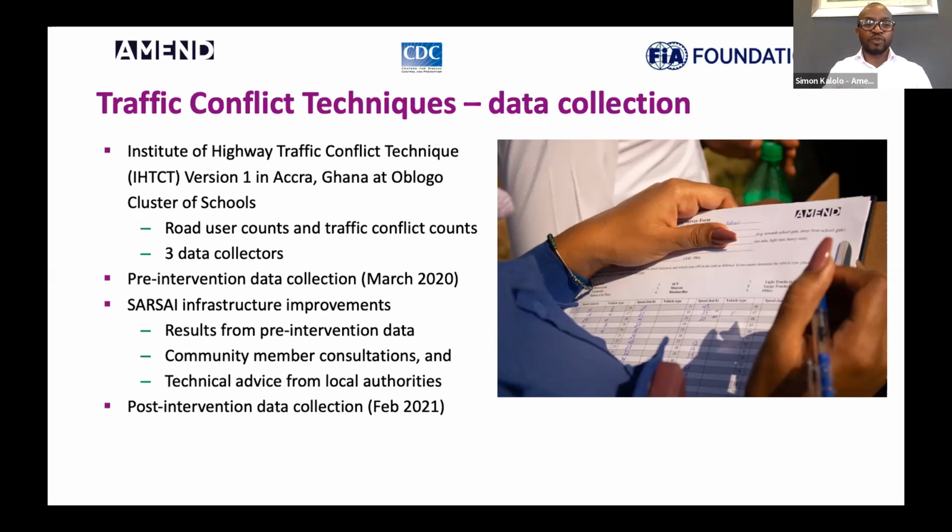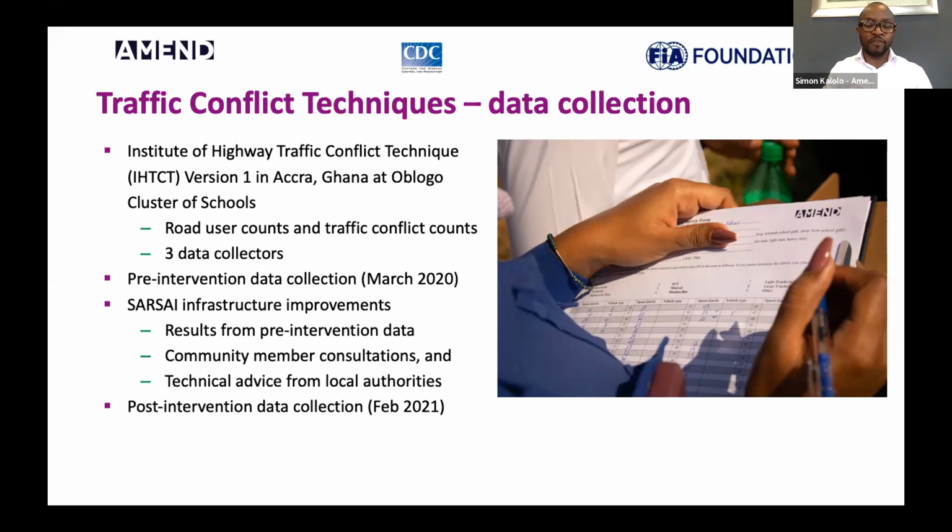And therefore, what was done at this school back in 2020, we conducted the road user counts and traffic counts around the school area, where 3 of our data collectors were involved after going through a thorough training.